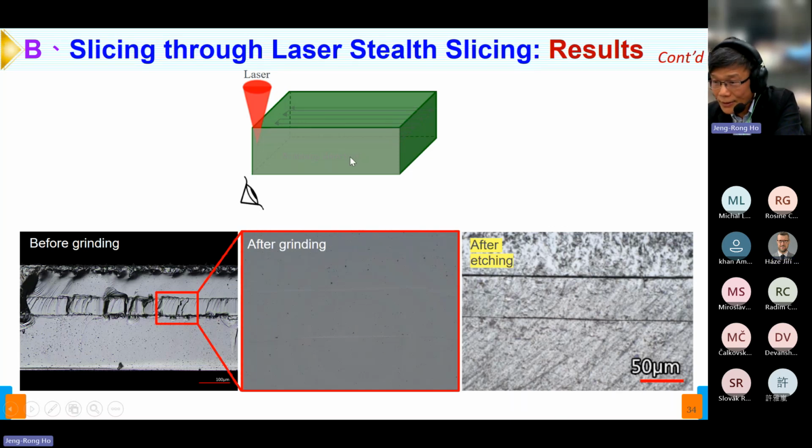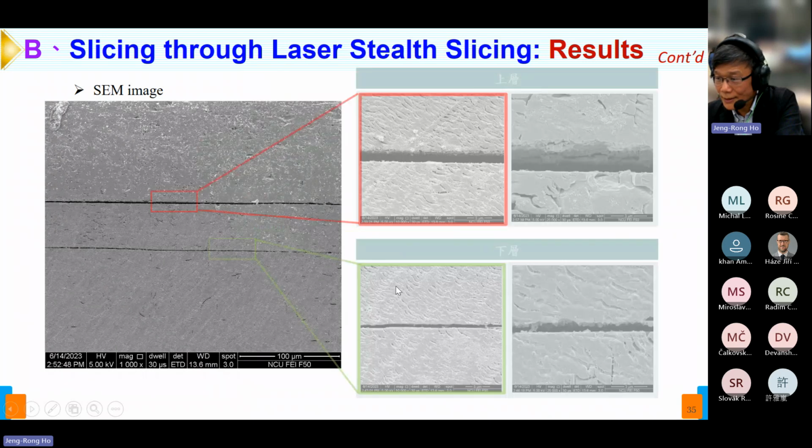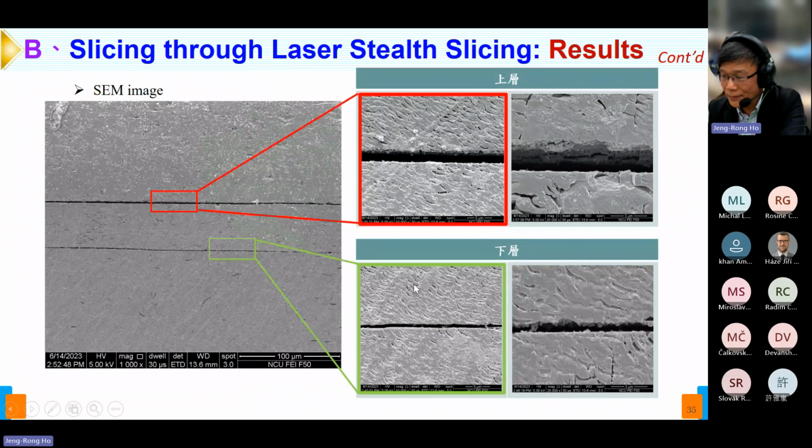And this slide shows the different view angle from this side. The same results can be observed. And here are some SEM images.